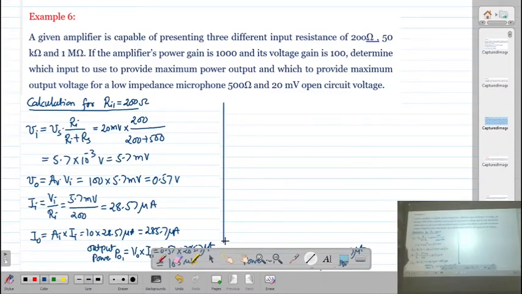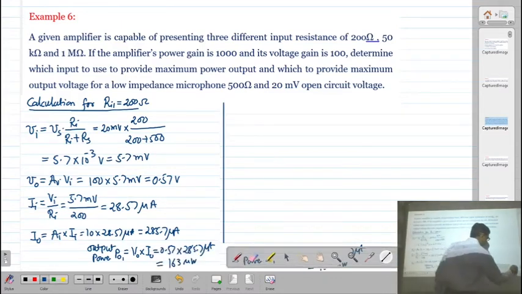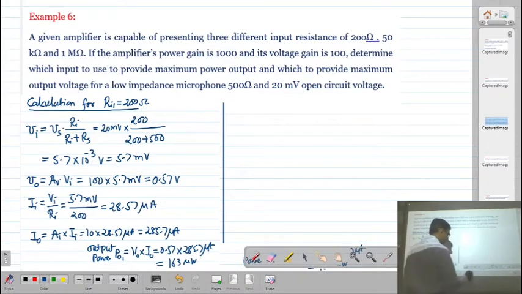So these are my calculations. Remember, these are the calculations for Ri1 = 200 ohm. Now we will do it for Ri3 = 1 megaohm.